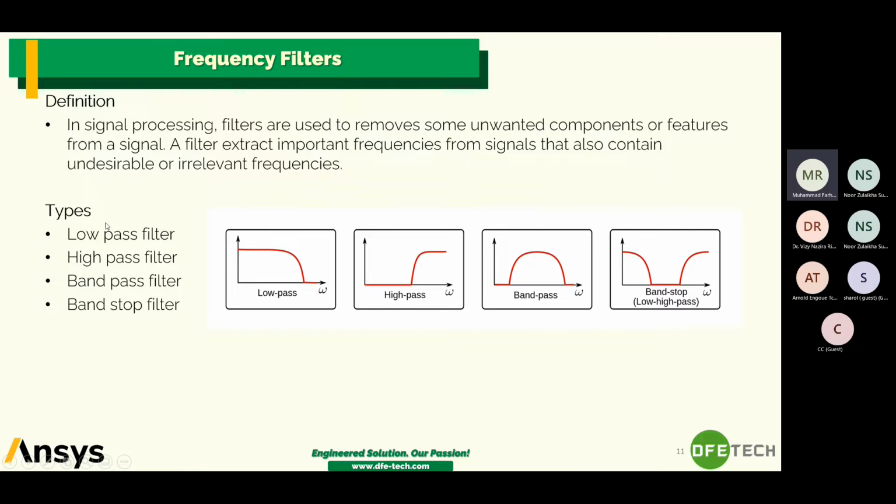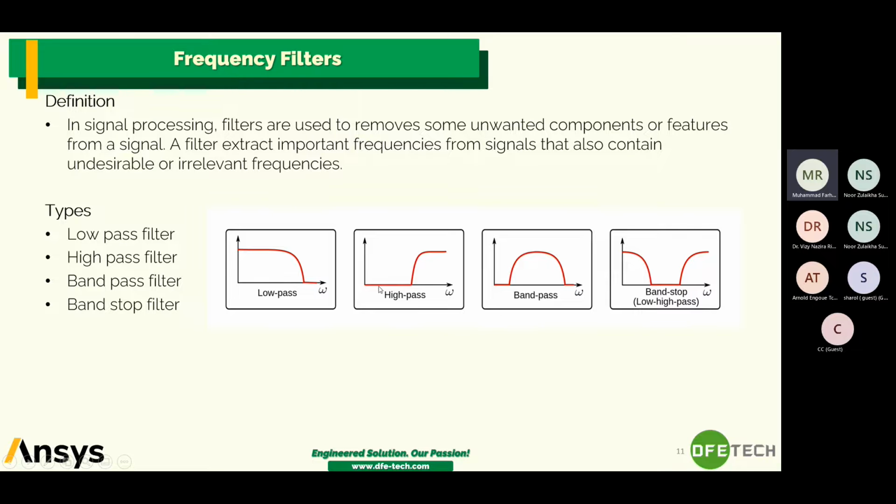You can see there are 4 types of frequency filters. It has a low pass filter, which allows only low frequency. This is the gain versus frequency graph. You can see for the low pass filter, it allows only the low frequency to pass through.